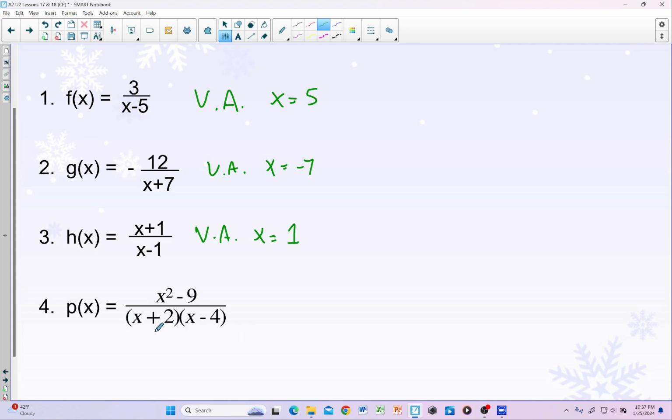Now, this one's got 2 factors in the bottom. And so it will have a vertical asymptote at x equals negative 2 and x equals positive 4. So it'll actually cross the x-axis twice, which is interesting to note, and it will also have two asymptotes.